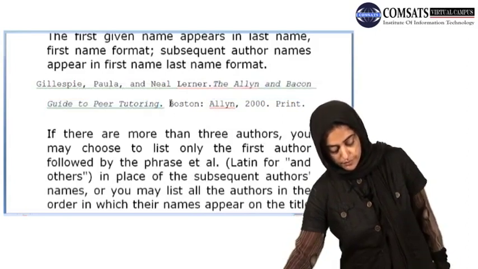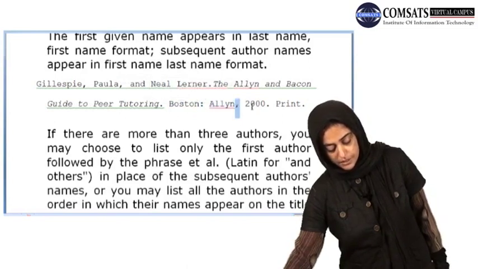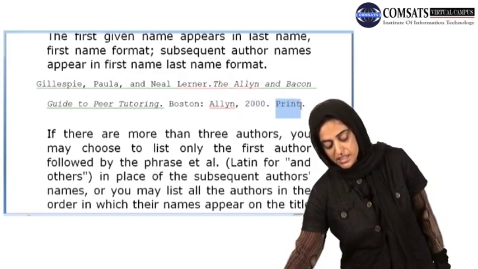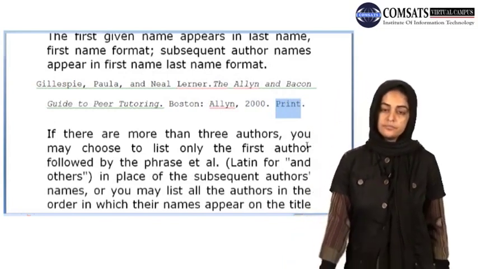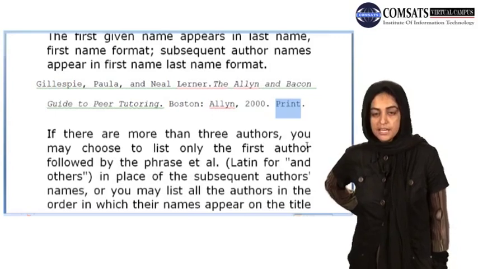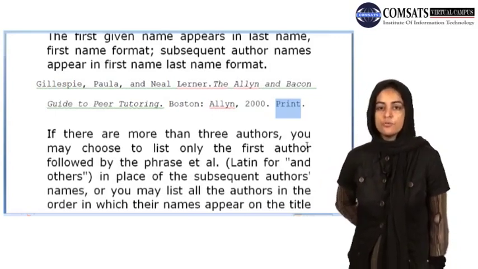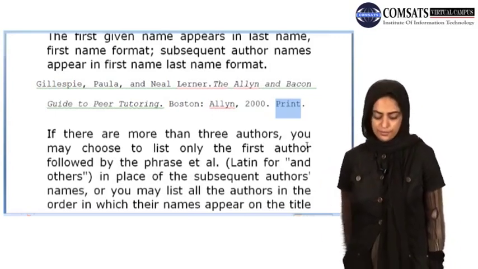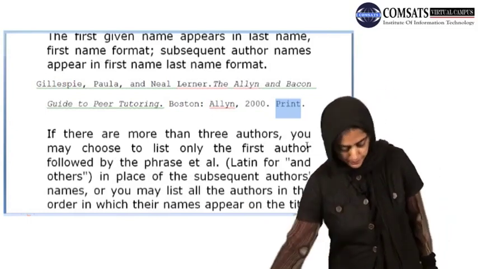Then, dear students, this is the city of publication, then a colon, then the publisher Allyn, then a comma, then the year of publication, 2000, then a dot, then the medium of publication, Print, then a dot. This was an example of the reference created through the MLA referencing style for a book with more than one author, with two authors over here.